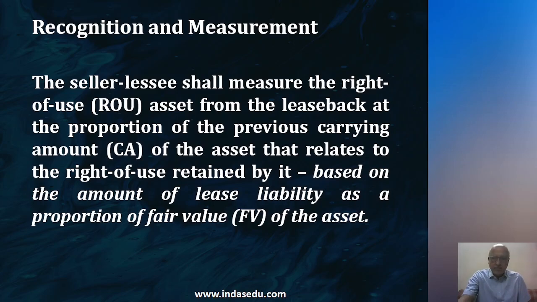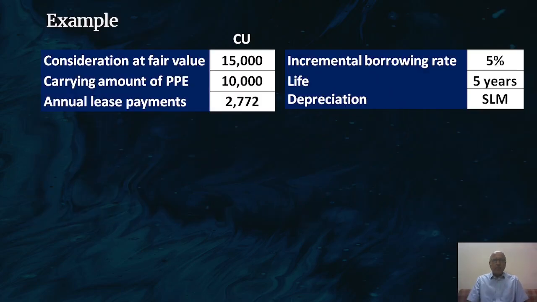Let's take an example, things will be easier to understand. Consideration at fair value is 15,000 rupees, the carrying amount of PPE which is sold and leased back is 10,000 rupees, annual lease payment is 2,772, the incremental borrowing rate is 5%, life is 5 years, and depreciation is under the straight-line method.